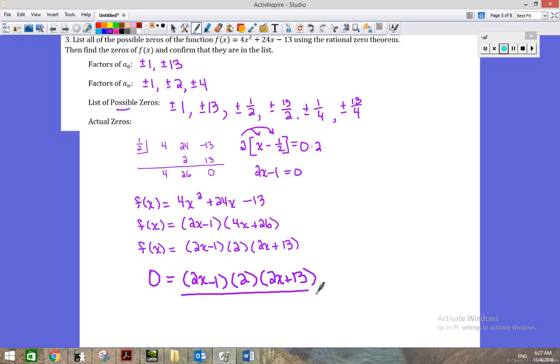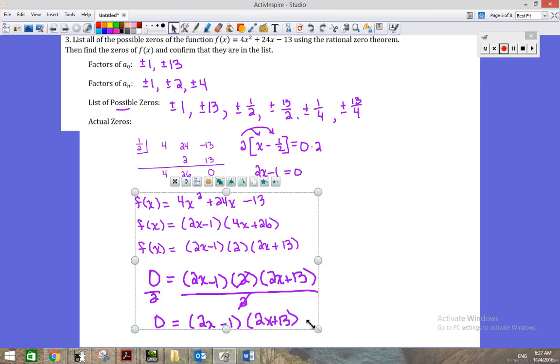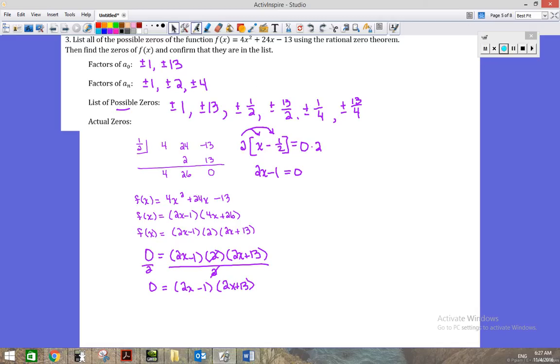Well, when I divide both sides of this equation by 2, these 2's cancel, and 0 divided by 2 is 0. So I just get these factors, 2x minus 1 and 2x plus 13, are the only contributions towards making this product equal to 0. So my x-intercepts for this are x equals 1/2 and x equals negative 13/2.